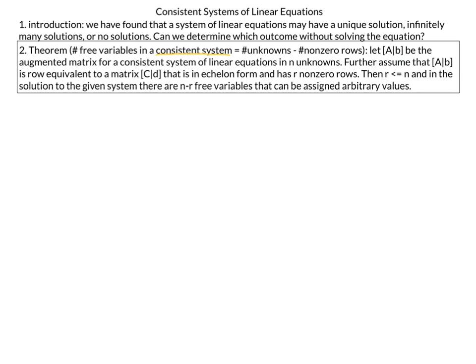And in the solution to the given system, there are n minus r free variables that can be assigned arbitrary values. So this theorem tells you how many free variables there will be in a consistent system. And again, it's the number of unknowns minus the number of non-zero rows in the echelon form matrix.